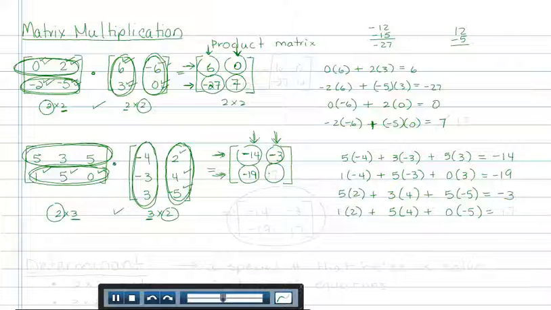And if you type that into your calculator, you should get a 17. So the answer is a 2 by 2 matrix with these entries. Right, there we go. All right, great job.